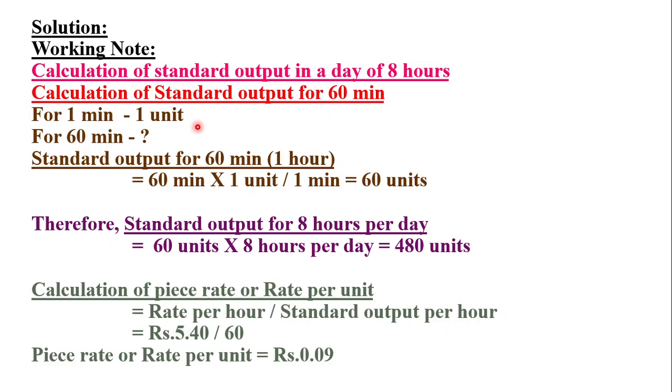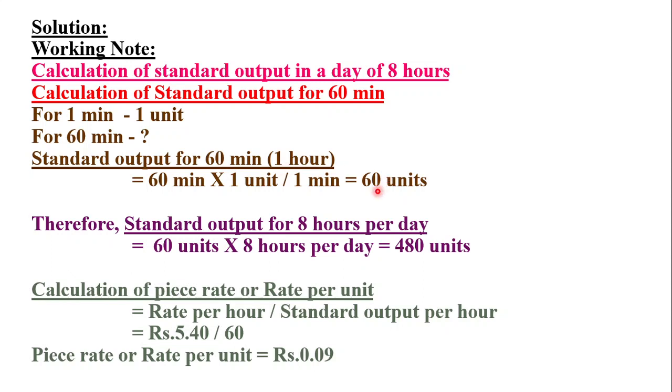We have to calculate standard output for 60 minutes, that is 1 hour. Cross multiplication: 60 minutes into 1 unit divided by 1 minute, 60 units. Now, standard output for 60 minutes, or 1 hour, is 60 units.